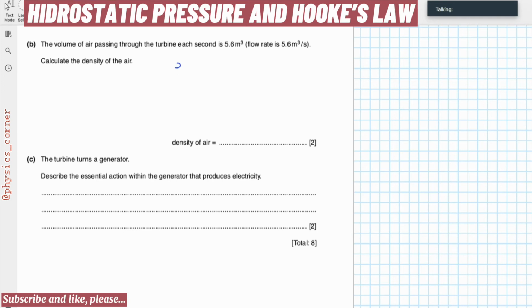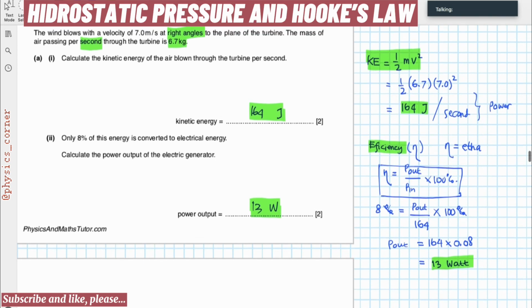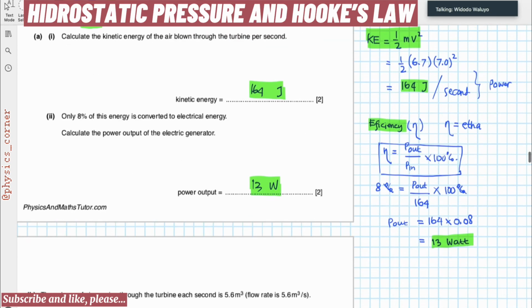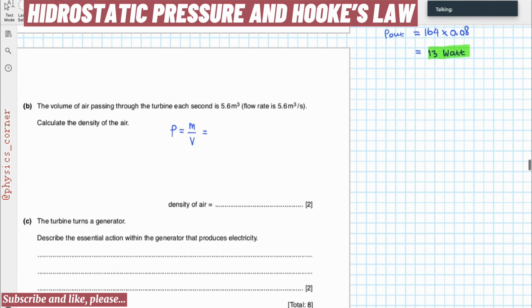Density or rho is mass over volume. So we have mass is 6.7 kilogram. The volume is 5.6. So the density is 6.7 divided by 5.6.